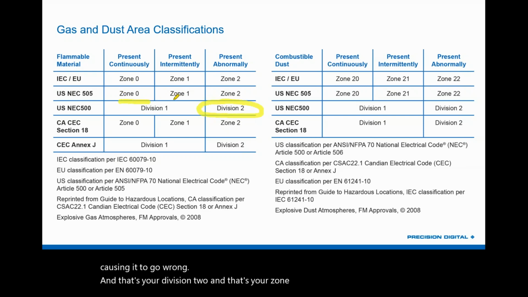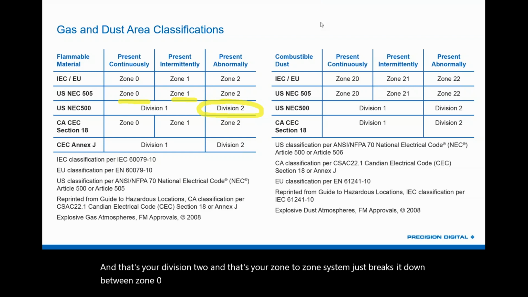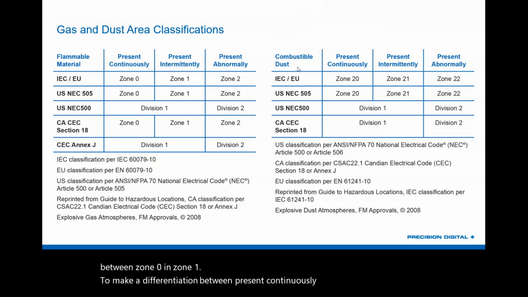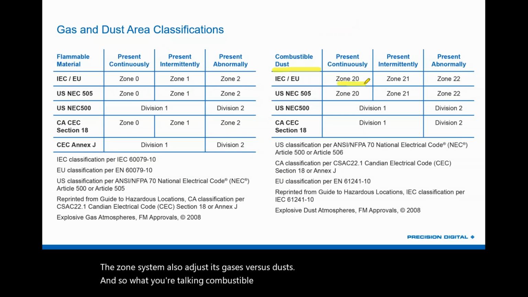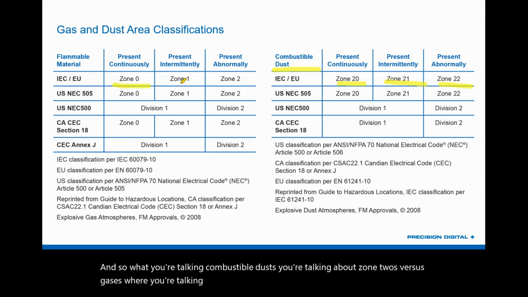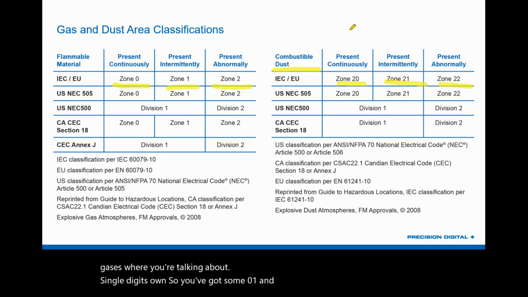The zone system just breaks it down between Zone 0 and Zone 1 to make a differentiation between present continuously and present intermittently. The zone system also addresses gases versus dusts. And so when you're talking combustible dusts, you're talking about the Zone 20s, versus gases where you're talking about single digit zones. So you've got Zones 0, 1, and 2 versus 20, 21, and 22.